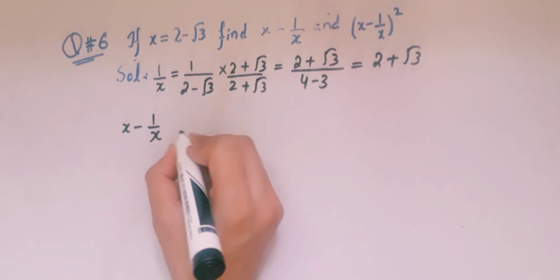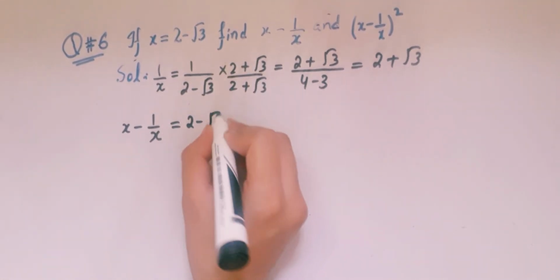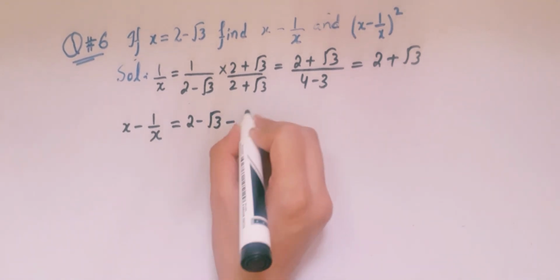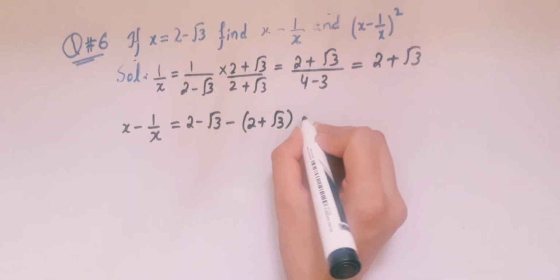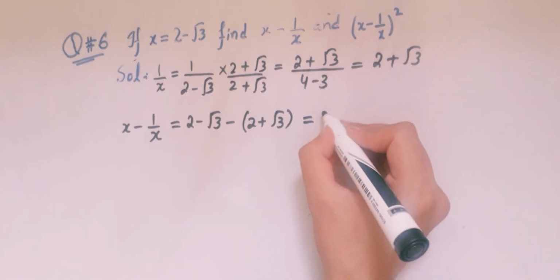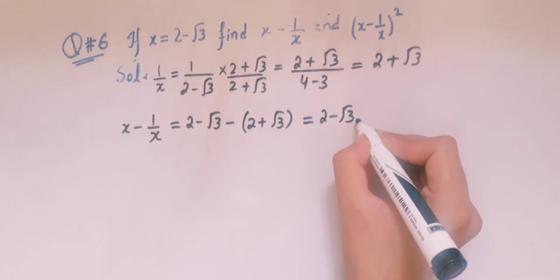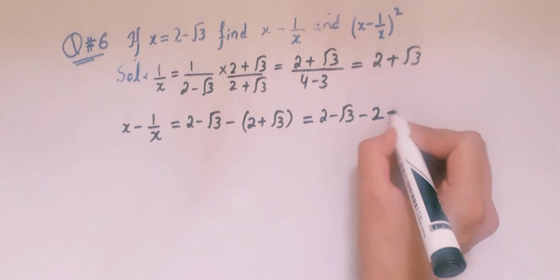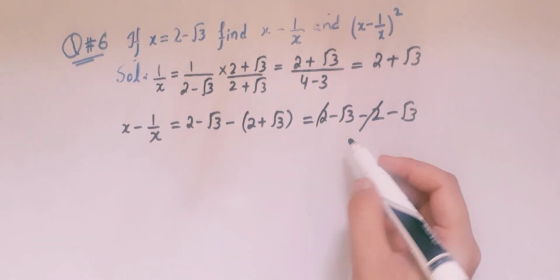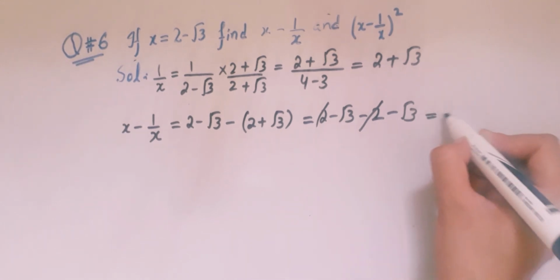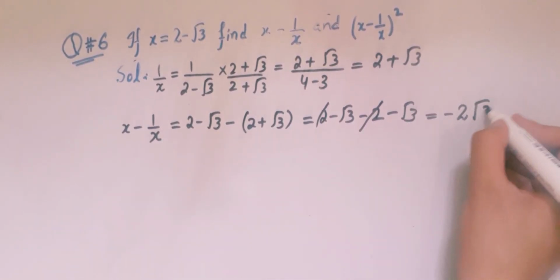We will find this as, we write value of x, 2 minus square root of 3 minus 2 plus square root of 3, which will become 2 minus square root of 3 minus 2 and minus square root of 3. Minus 2 and plus 2 are cancelled out, and we have minus 2 square root of 3.